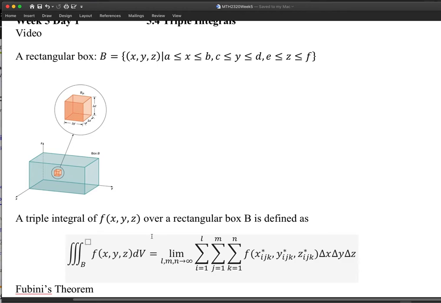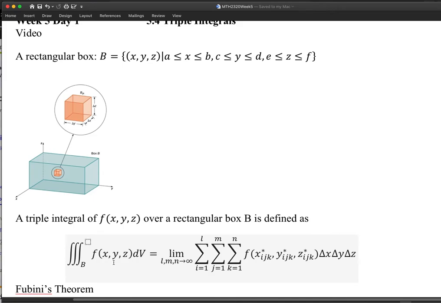If each solid is tiny enough and we have an infinite number of them along each direction, accordingly we write this limit as a triple integral.